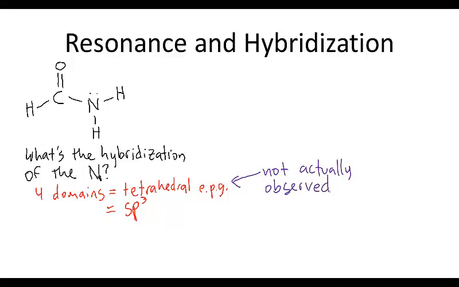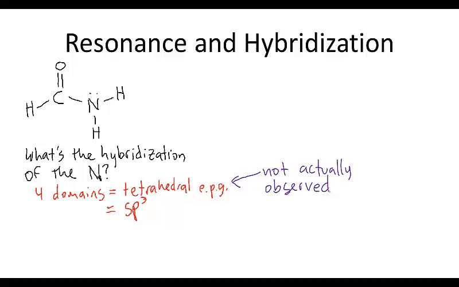What's actually observed is the nitrogen is trigonal planar and it's got sp2 hybridization. It has one leftover p orbital that aligns with the other p orbitals in the pi bond, so that it can make the delocalized pi bond.